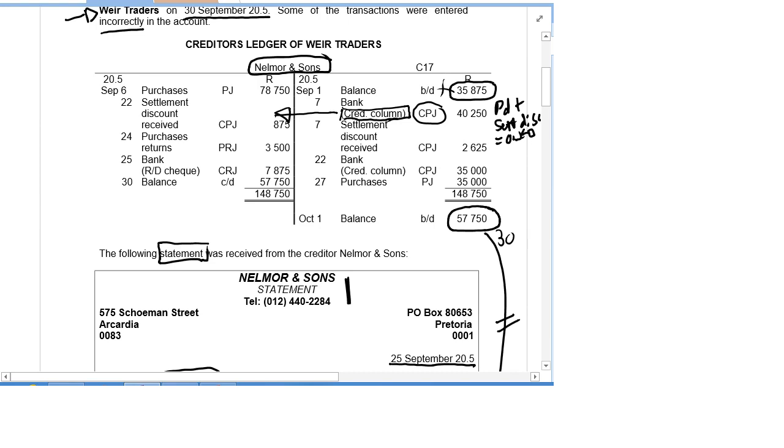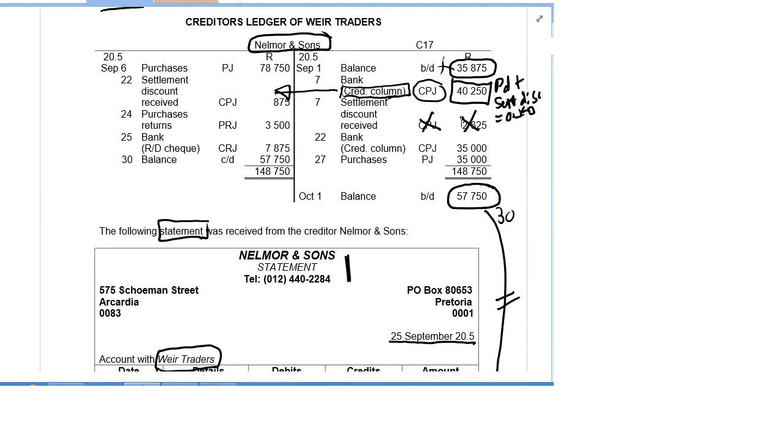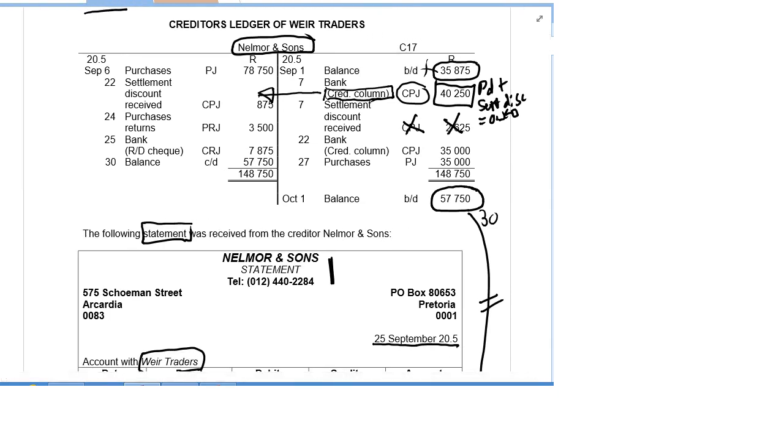So in the creditors column, we'll have the payment and the settlement discount amount. So this 4250 includes both of those amounts. That means it's wrong to show the settlement discount received again. Otherwise, we'd be double counting. So I'm crossing that out because I'm not going to enter it into my solution.